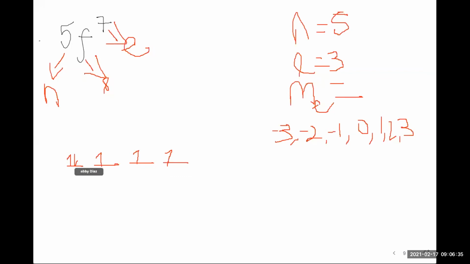Five, 6, and 7. And this would be our 7th electron. And because it's looking down, it would have to be... Wait, I'm missing this one.